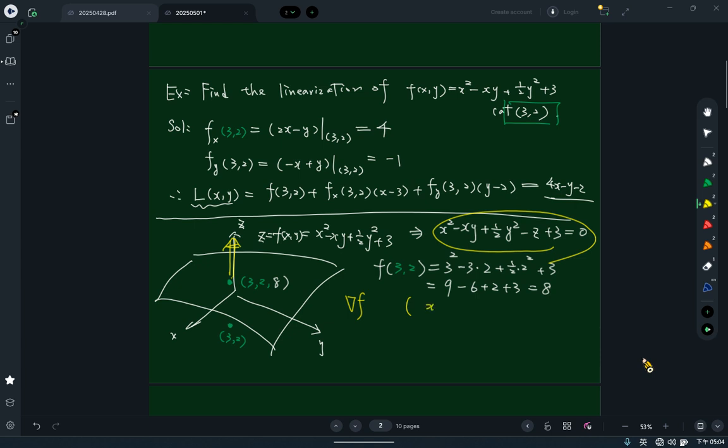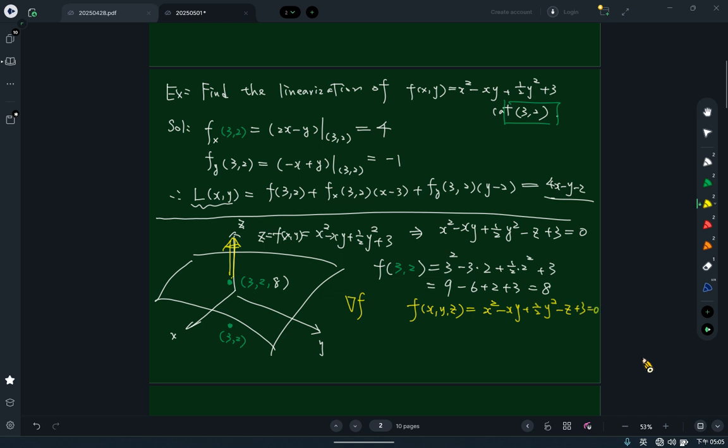I can define f of x, y, z is equal to x squared minus xy plus 1/2 y squared minus z is equal to -3, or plus 3 is equal to 0.